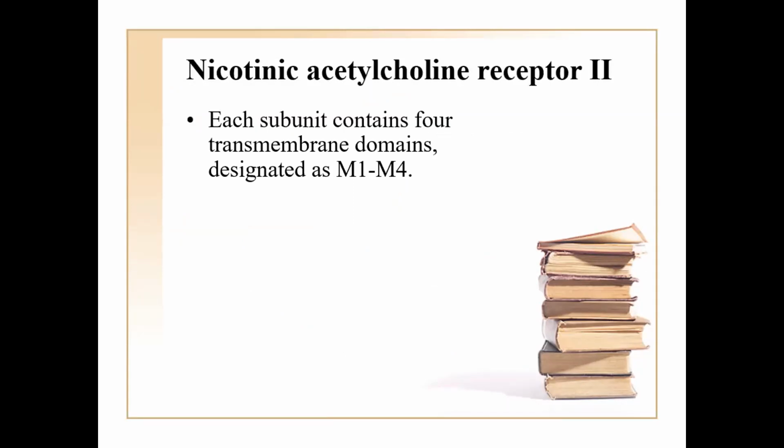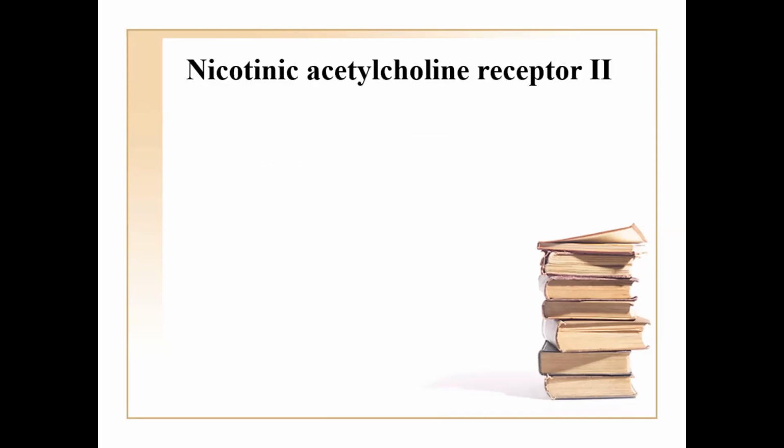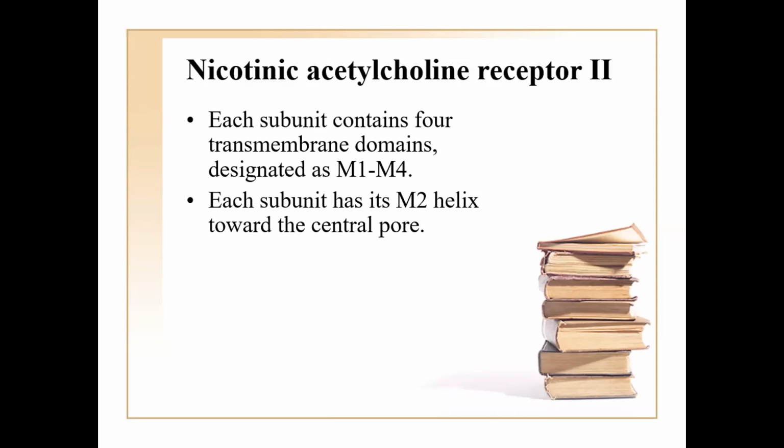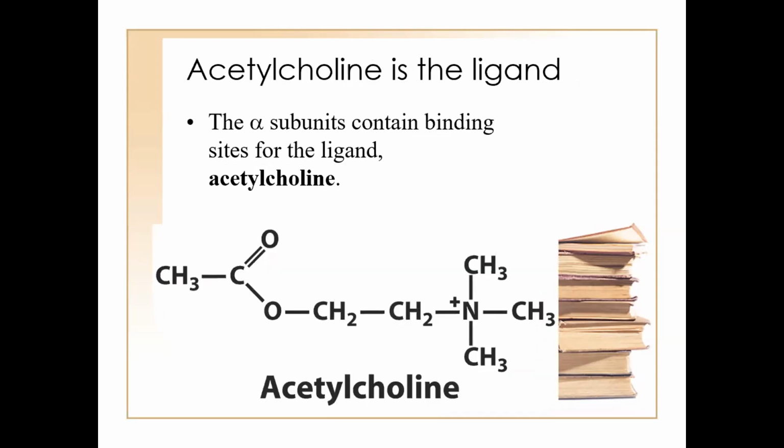So each subunit there, alpha, beta, gamma, delta, whatever, they all have those 4 transmembrane domains. They all have M2 facing the pore. And M2 has these bulky leucine residues gumming up the channel. All right, you bind your ligand. Here's what happens.